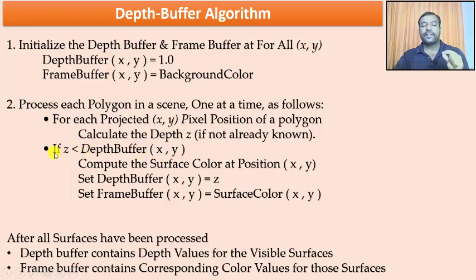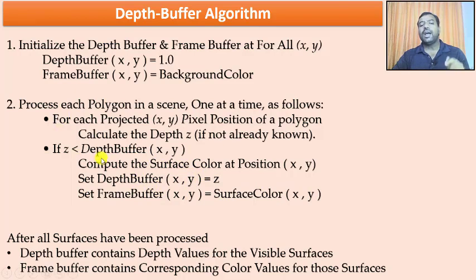If the Z value we just picked up is less than the depth buffer value, we update the depth buffer by setting depth buffer (x, y) equal to z. Clear? Hence if the z value is less than 1, we need to update the depth buffer with the z value of the current surface.